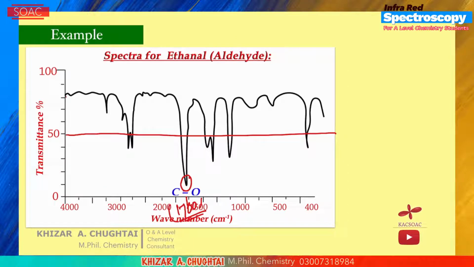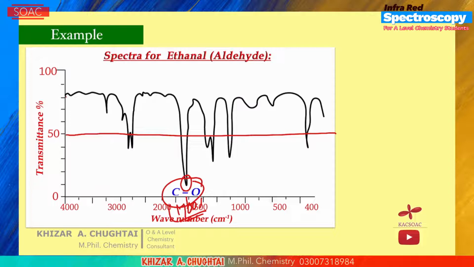From checking the data booklet, we can say that this compound's major polar bond is C double bond O. There is no other polar functional group. So it may be an aldehyde or it may be a ketone.